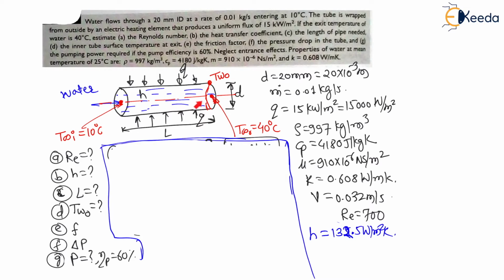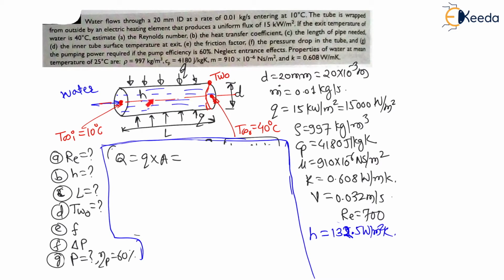Now as the water is flowing through this pipe, the temperature of water is increasing, and here the uniform heat flux is provided. Because of this uniform heat flux, the temperature of water is increasing. Therefore, the heat transfer rate for steady state condition will be equal to uniform heat flux into area, that is watt per meter square into meter square, which becomes watt.